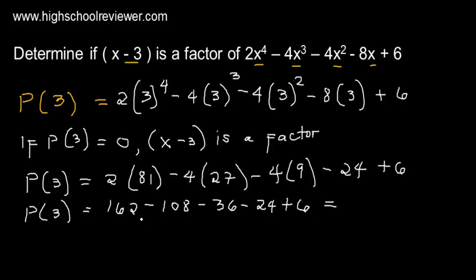So 162 minus 108 minus 36 minus 24 plus 6, this is equal to 0. So since p(3) is equal to 0, we can now say that x minus 3 is a factor of the polynomial. This is our final answer for this problem.